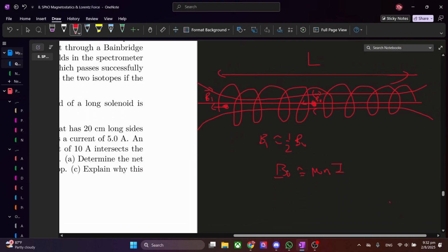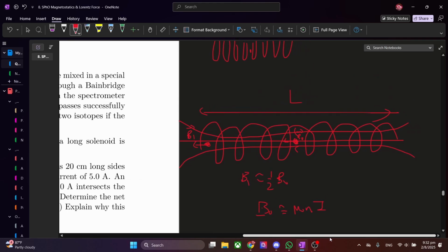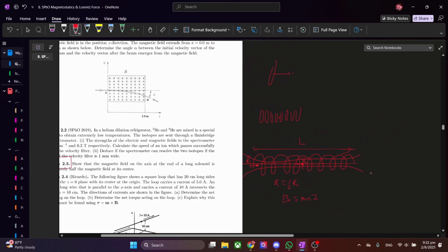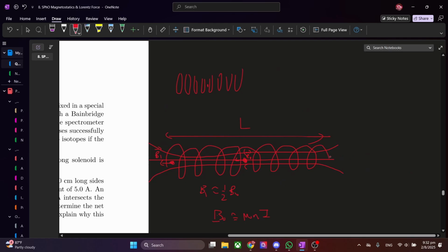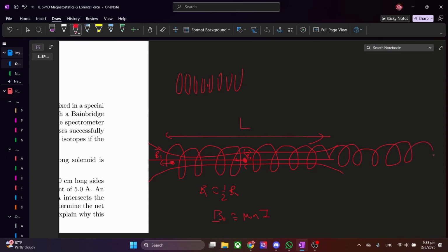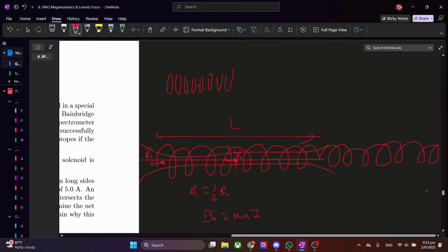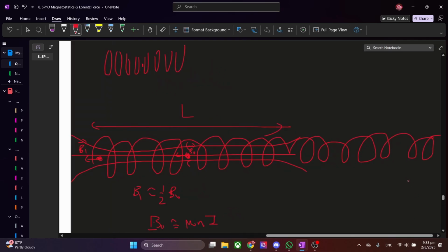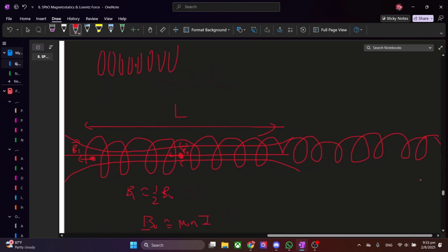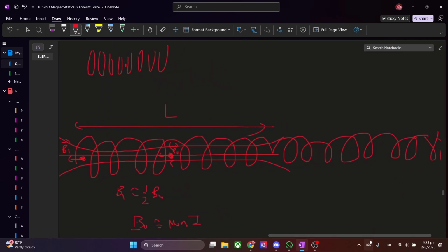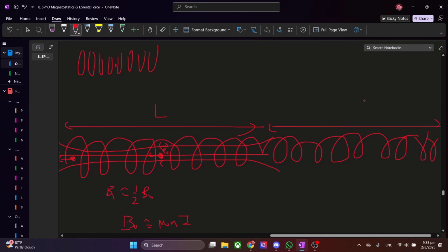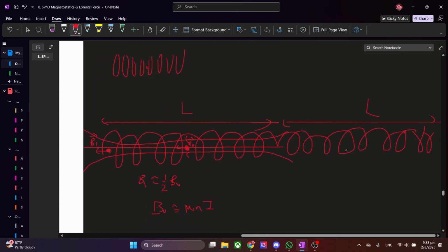The method we can use to calculate the magnetic field is we can actually attach another solenoid at the end. I don't know if OneNote gives me the space, but let's say we attach another identical solenoid at the end, looking something like this. Okay, so this identical solenoid also has length L. It's the exact same long solenoid, right?